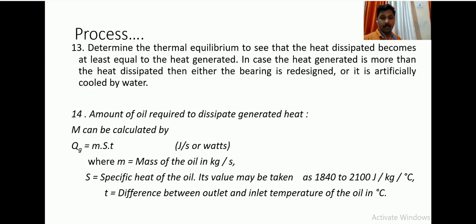In this process some extra steps may come out, and some steps may be eliminated. So with this procedure you can solve almost all the design problems of the journal bearing. Thank you.